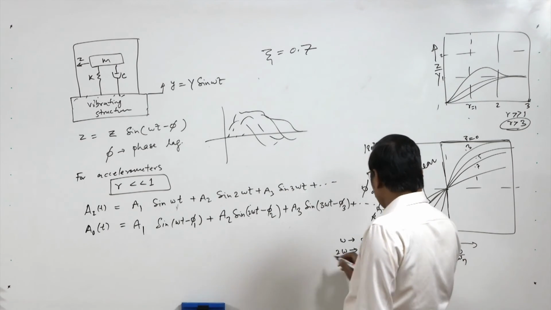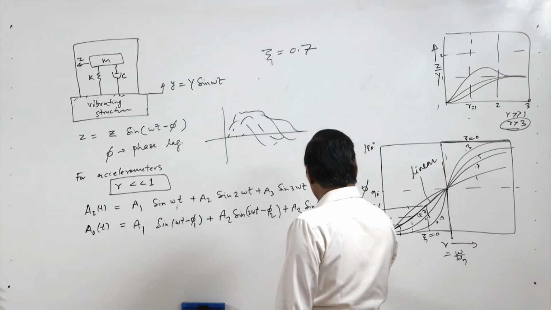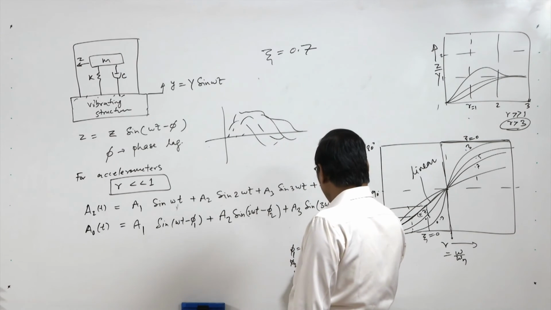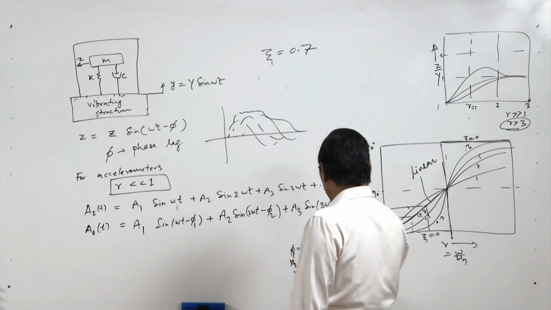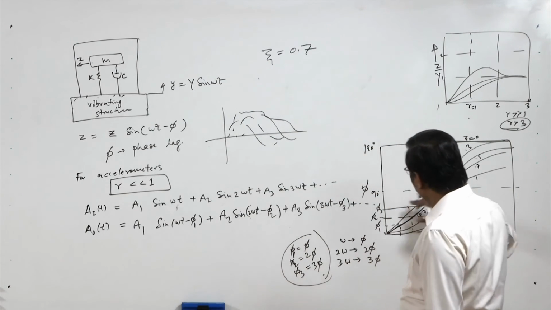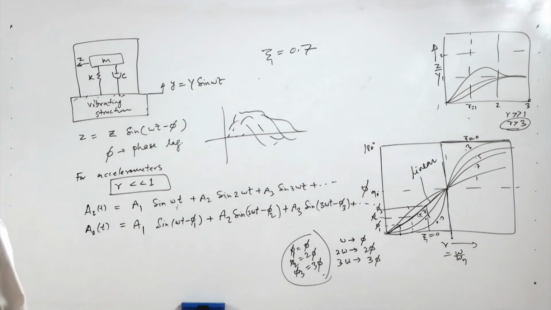So phi 1 is phi, phi 2 is 2 phi, and phi 3 is 3 phi, and so on. So we are getting a linear relationship in phase with the harmonics, the higher frequencies.